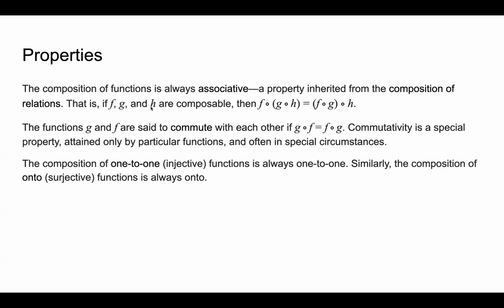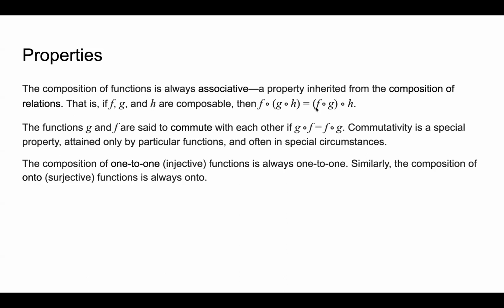If f, g and h are composable, then what is it? First we compose g and h, and then the result of g composite h is composed with f, giving the same result.